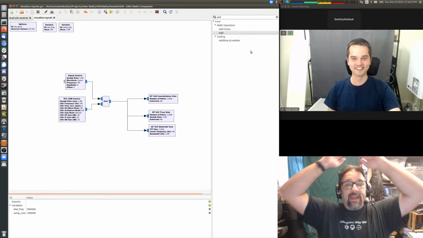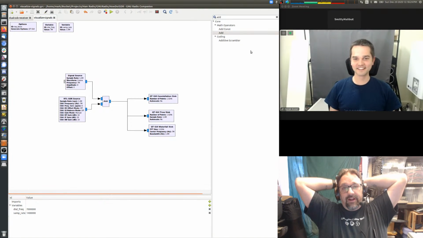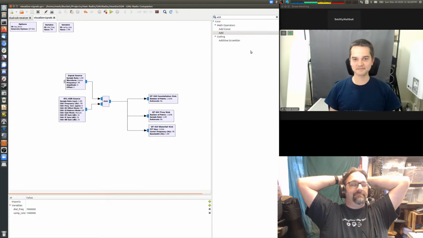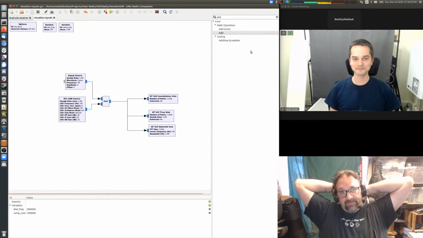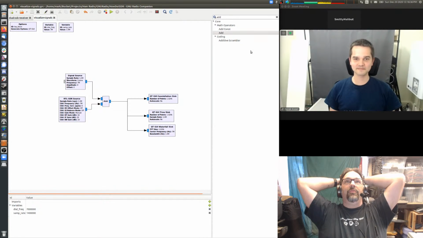So we did a podcast with the Ham Radio Workbench with George, I'm not going to butcher his last name, KJ6VU, and we talked a little bit about SDR. In that presentation, we talked about what is SDR and how is it different and how is it similar to hardware-defined radio, HDR.